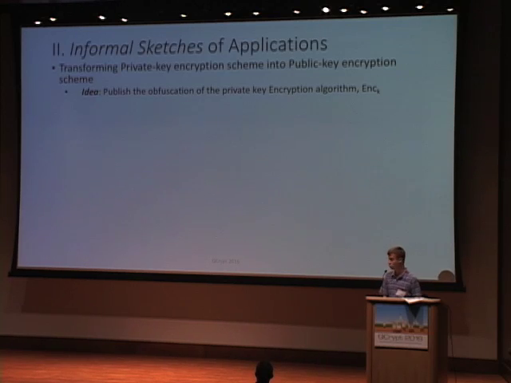For private key or symmetric encryption schemes, we have a pretty good handle on them, whereas for public key schemes, we usually have to make some kind of hardness assumption. Like RSA, we have to assume that factoring is hard. So it would be really great if we had alternative constructions of public key crypto schemes, and a black box obfuscator would allow us to make an equivalence between the task of making a private key scheme and a public key scheme.